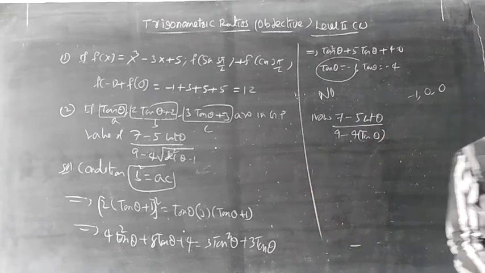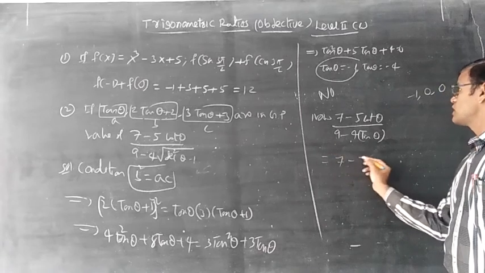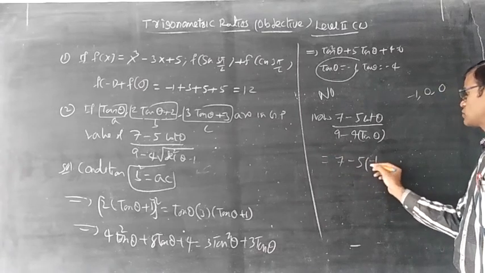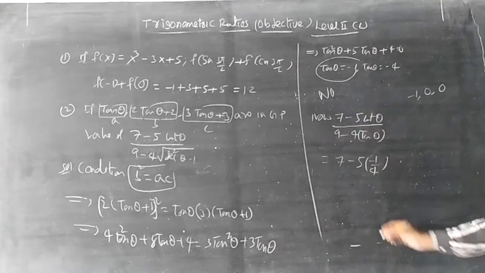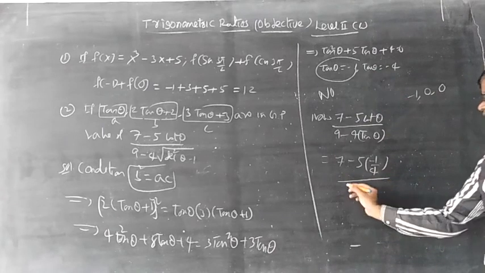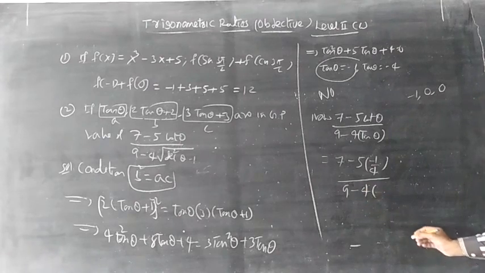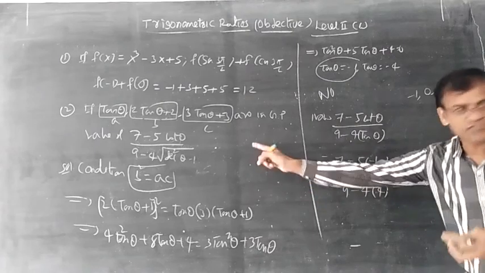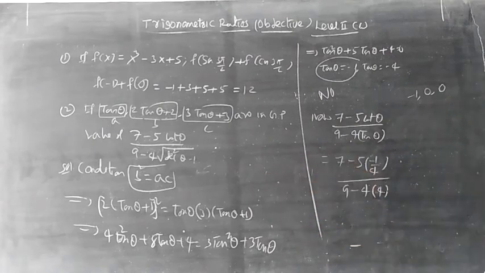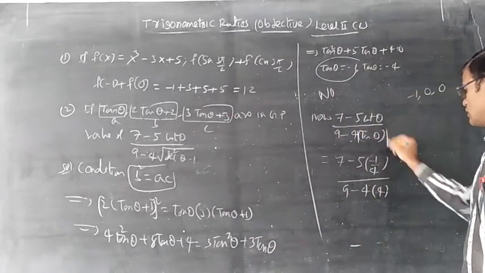Root of secant square theta minus 1 means tan theta only. That is equal to 7 minus 5 into -1 by 4. Why? Because if tan theta is equal to -4, cot theta is equal to -1 by 4, the reciprocal. And 9 minus this is 4 into 4, because this is a root, it becomes positive, not direct tan theta, it becomes positive modulus.